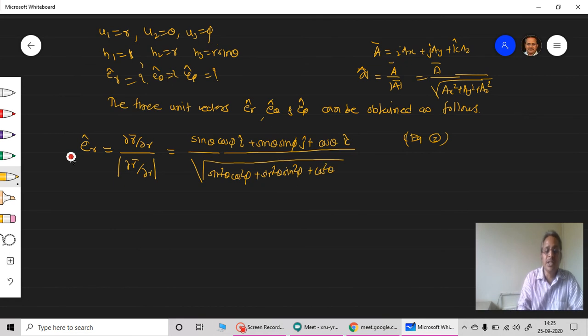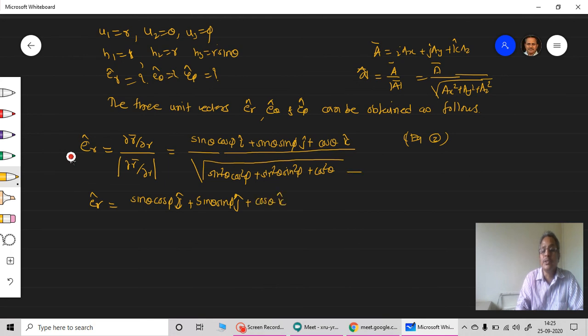Now let's check what is the denominator. Therefore I'll get this ER cap is equal to sin theta cos phi into I cap plus sin theta sin phi into j cap plus last one is cos theta into k cap.